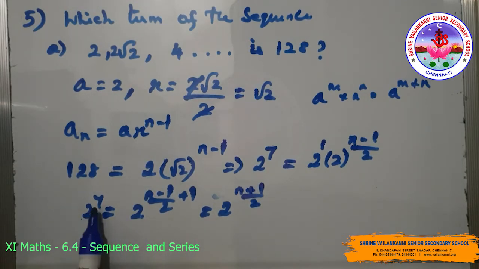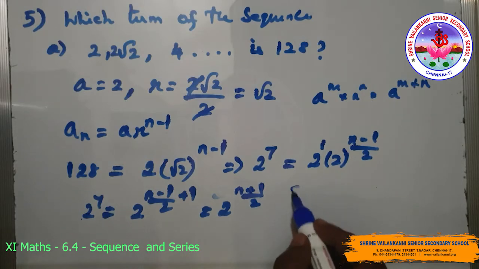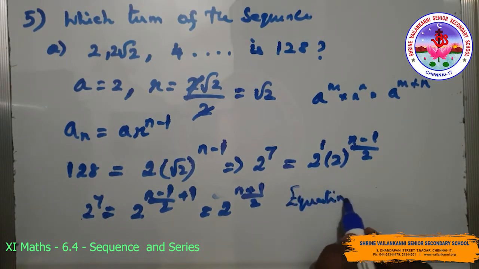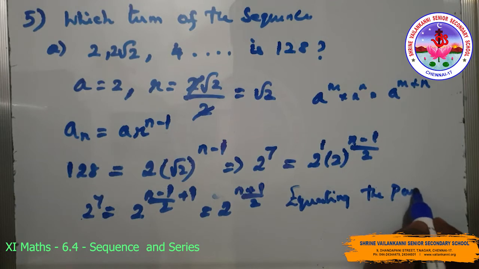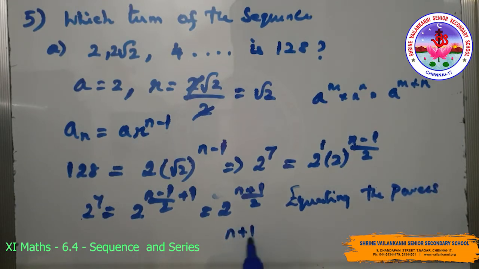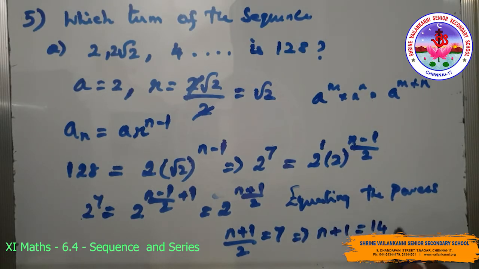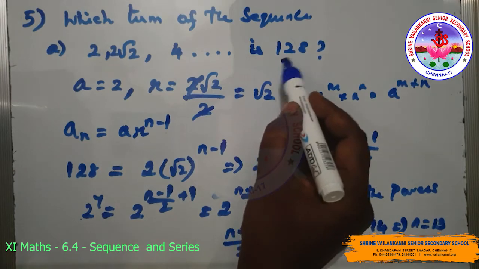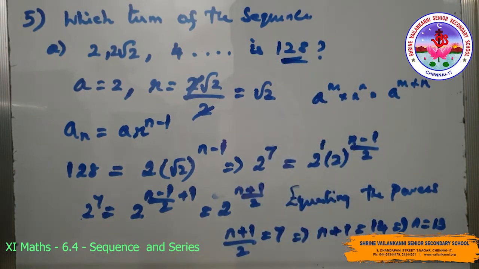Equating the powers, 7 equals n plus 1 by 2, so n plus 1 equals 14, so n equals 13. Therefore, the 13th term of the given sequence is 128. We have two more subdivisions in question number 5. You can try this on your own.